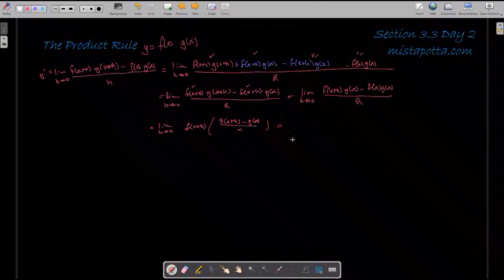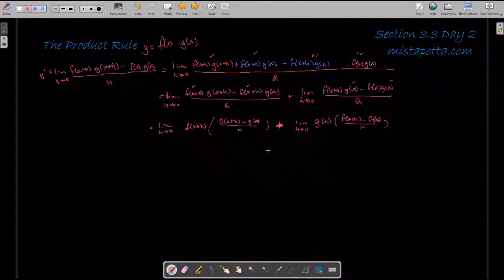And if I look at the second term over here, I'm going to notice that I've got g of x for both of these terms. So I could factor a g of x out and be left with f of x plus h minus f of x all over h, the limit as h approaches 0.